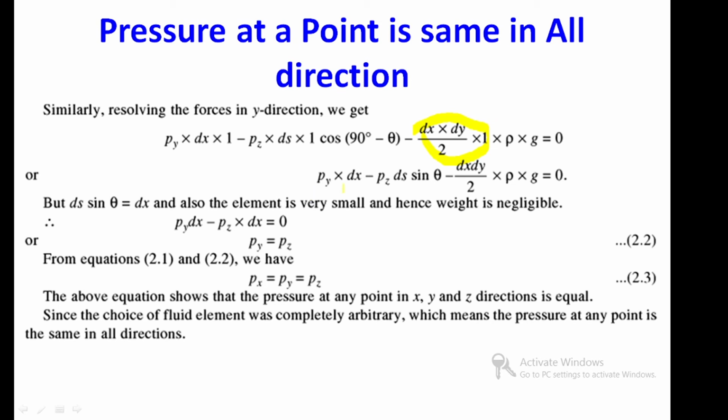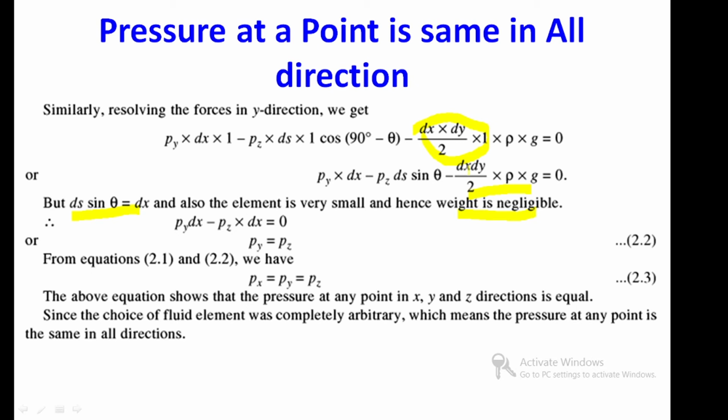So Py dx minus Pz ds sin theta minus dx dy divided by 2 into rho g equals 0. But ds sin theta equals dx, and the element is very small and hence the weight is negligible.